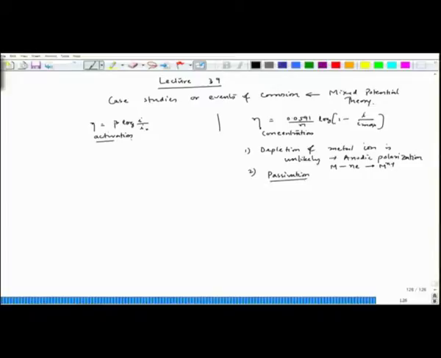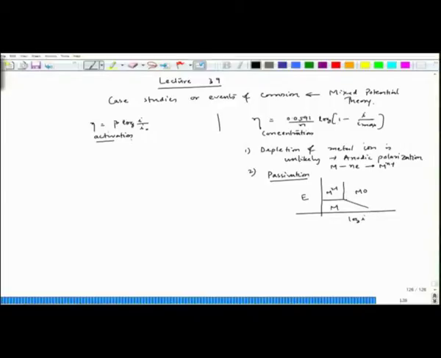This passivation can be explained on the basis of the Pourbaix diagram. Let us say for some metal, it looks like this, with the metal oxide part, the metal ion part, and the metal part.